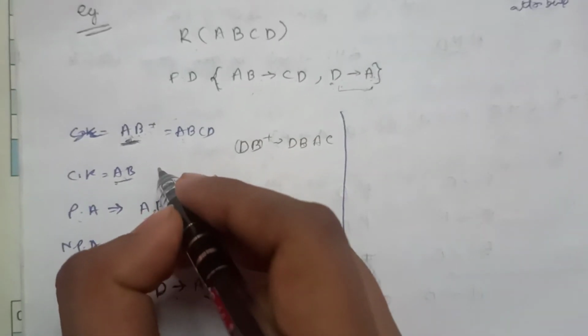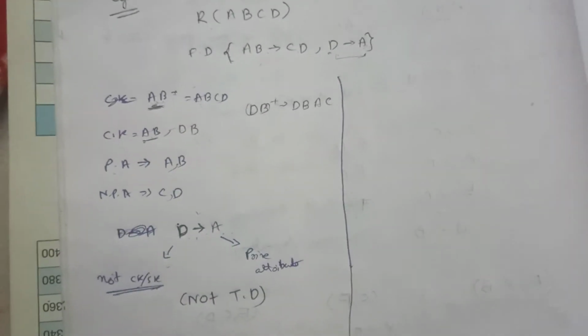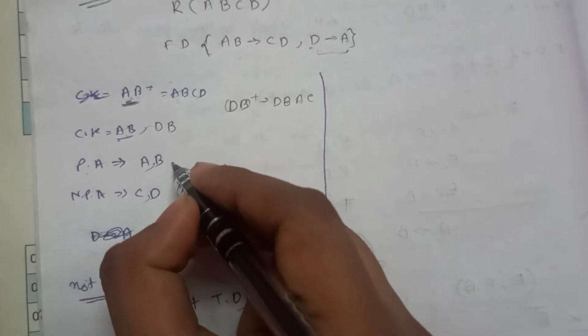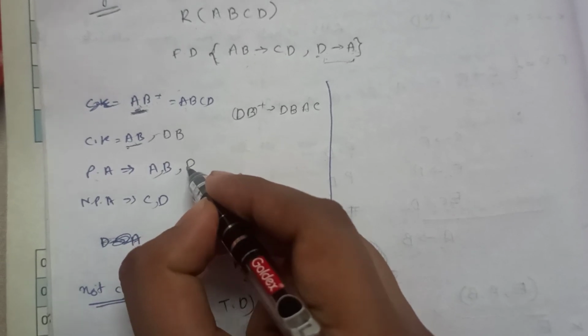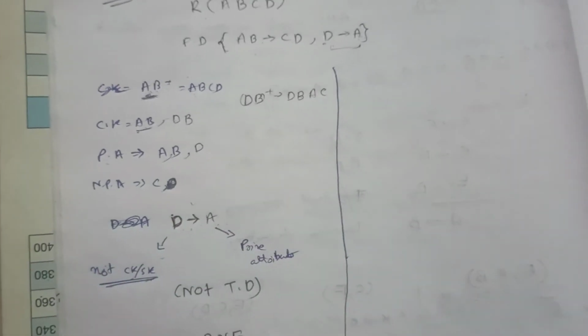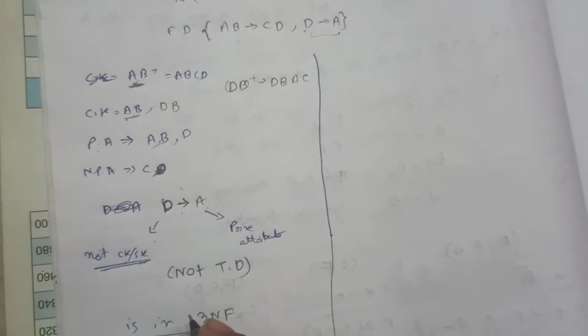So this is also our candidate key. The answer is correct, there will be no problem with that. The only change is that D is also going to be a prime attribute, so the only non-prime attribute will be C. So this is going to be the same, and this is in 3NF.